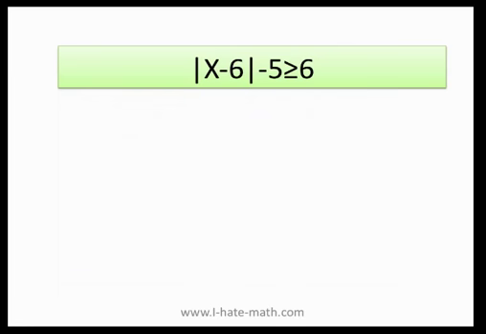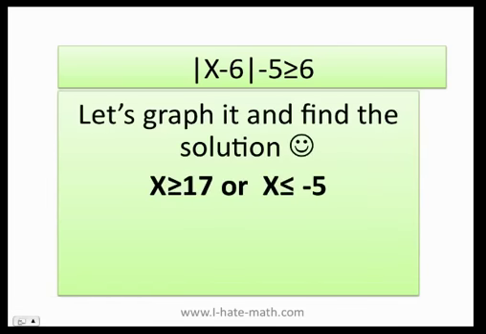Let's go ahead and graph it again. Well, we go ahead and do our number line. I have here 17. Now remember, because it's greater than or equal, I need to include the number 17. So instead of a parenthesis, I'm going to do a bracket, and this goes all the way to infinity.